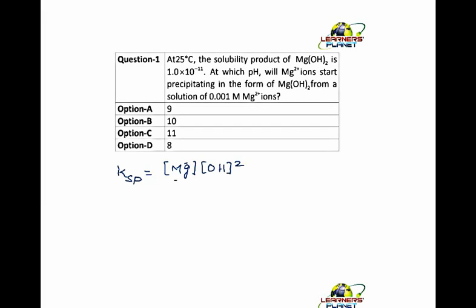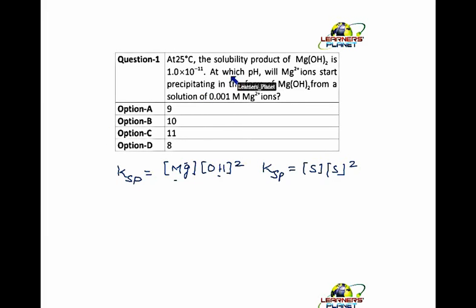If I take this concentration in terms of solubility, it would be Ksp is equal to S into S square, right? So what is S? S is the molar concentration of the substance of that particular ion in its saturated solution, right?